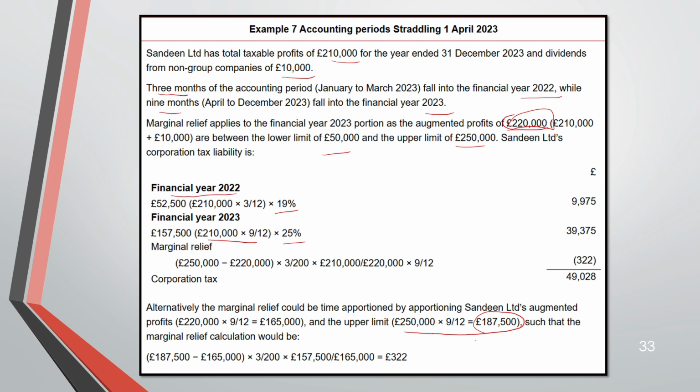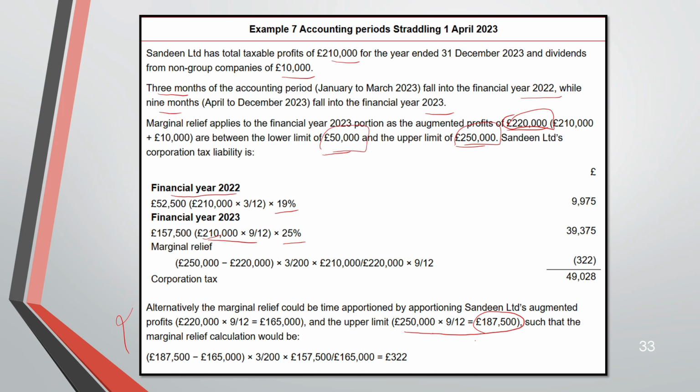Sorry, this is an alternative method. In this, sorry, it has to be between the lower and the upper. Okay, so this 220 is between 50 and 250. Remember, when we are taking short and long, we are apportioning the TTP, not the upper and the lower limit.